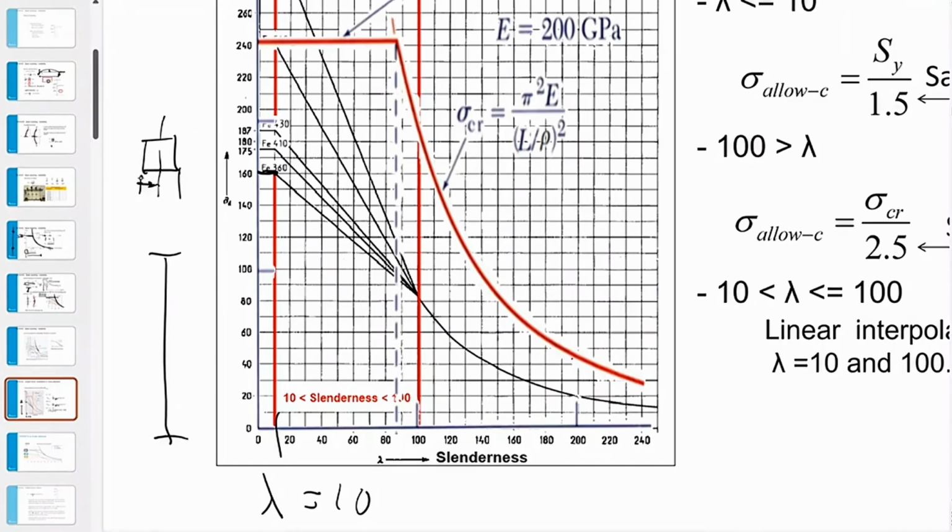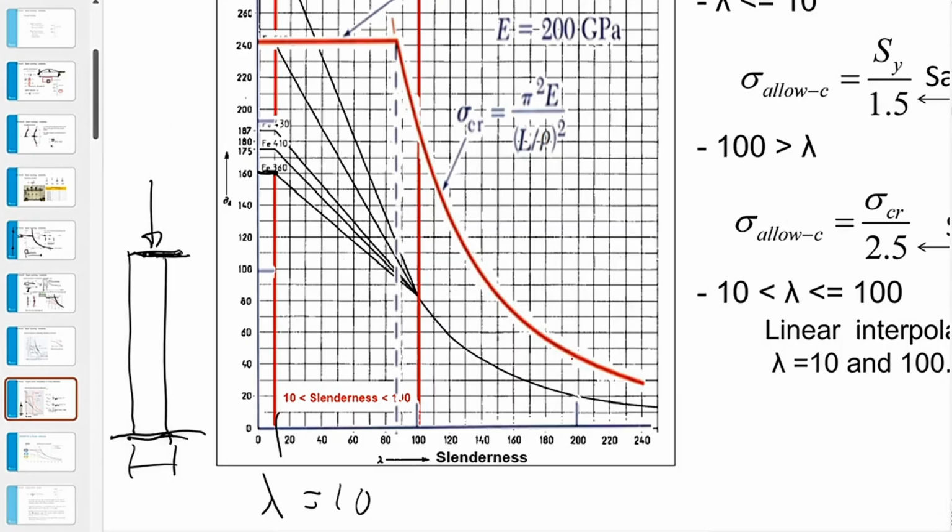So if this is the width, 30% of the width, that means that if we take 50%, so if we take all the edges, then the Euler buckling length of 10 means that the height is 5 times the base. If you draw this, you will see that in this situation buckling is never a problem.